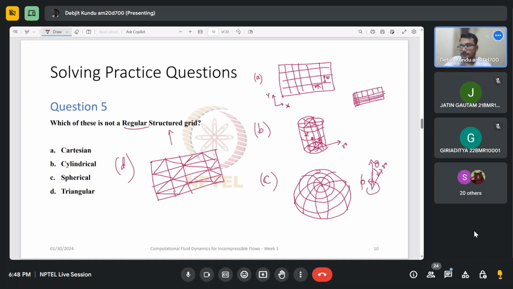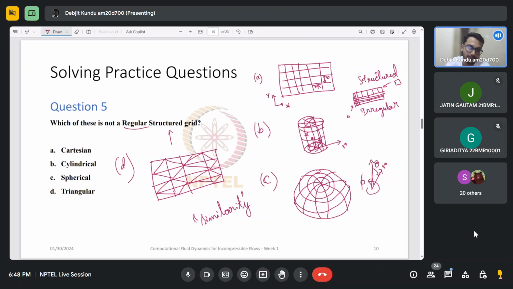Right. So there are two important things here. One is similarity, and another thing is the mathematical way of representing things. So this is actually not regular. This is irregular. This is structured but irregular, because qualitatively we can say that it is similarity, like this grid point which is very small and this grid point which is very large, they are not similar.